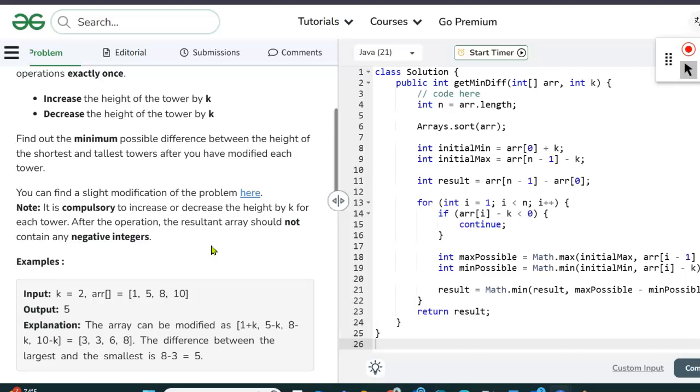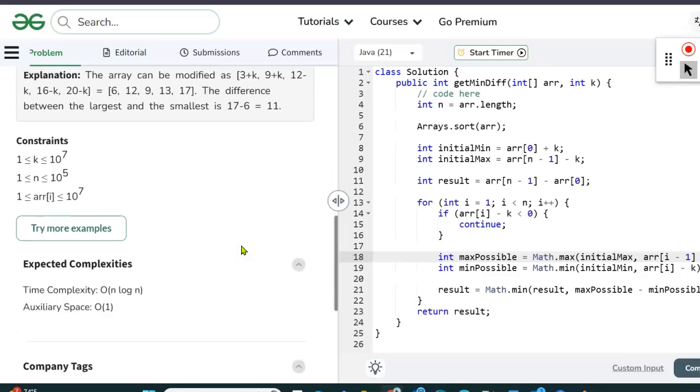After the operation, the resultant array should not contain any negative integers. Now, I don't think that's a constraint for version 1. So what that means is if you did version 1 and you just took out where we're checking for negative integers, then it should be the same problem.